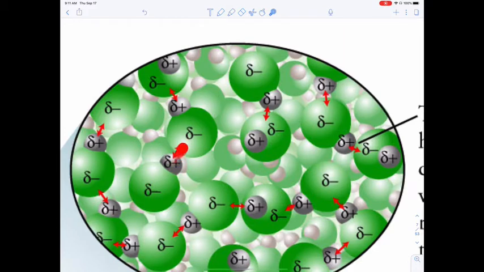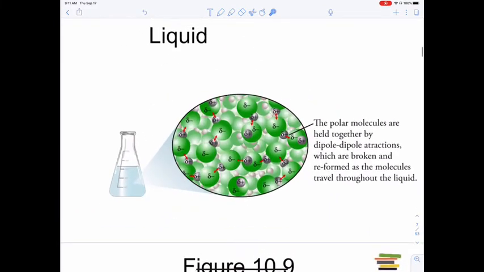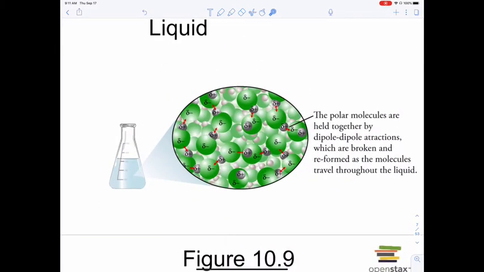There are going to be attractions between the positives and the negatives all the way through this liquid. Because of that, those polar molecules are attracted to each other and held together by dipole attractions. You can break and reform these attractive forces as they travel through the liquid, as it flows through the liquid.